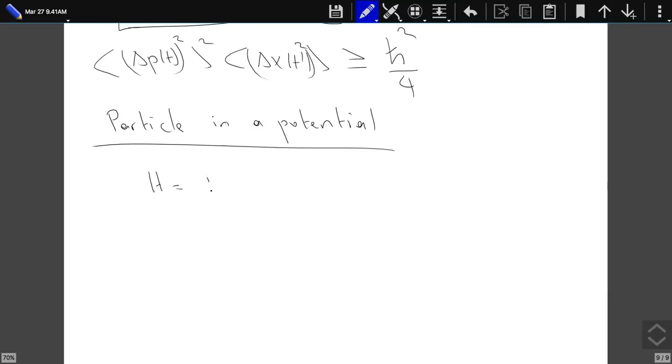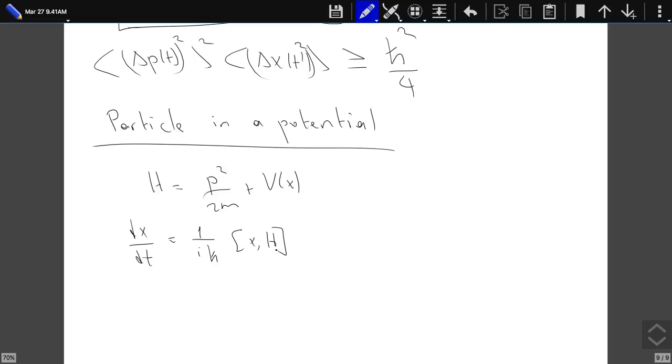The Hamiltonian will be p squared over 2m plus V of x. Let's start with dx by dt. This will be 1 over i h bar, the commutator of x and H. I'm dropping any explicit time dependence; from now on I will treat all the operators at the time t unless I explicitly specify otherwise.